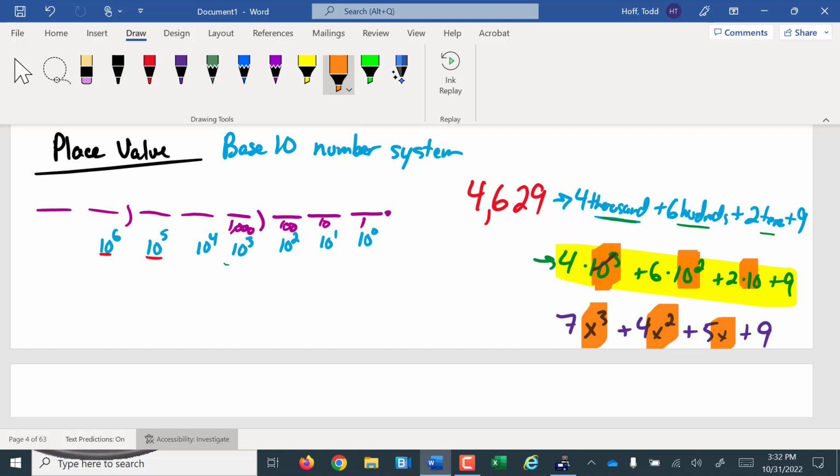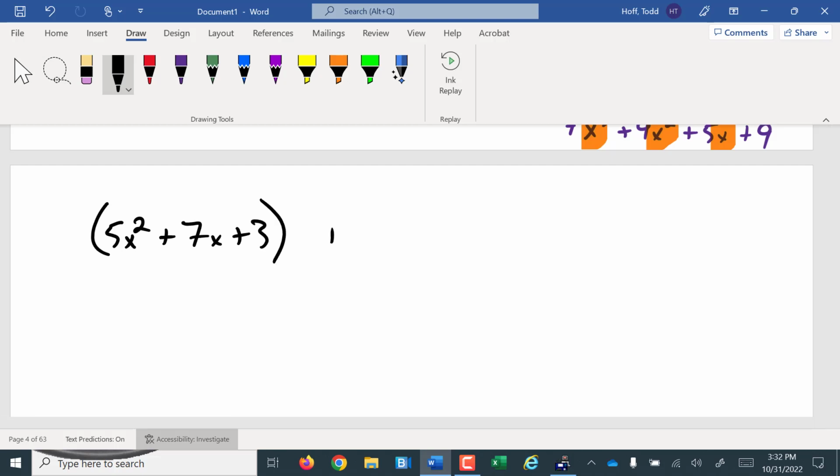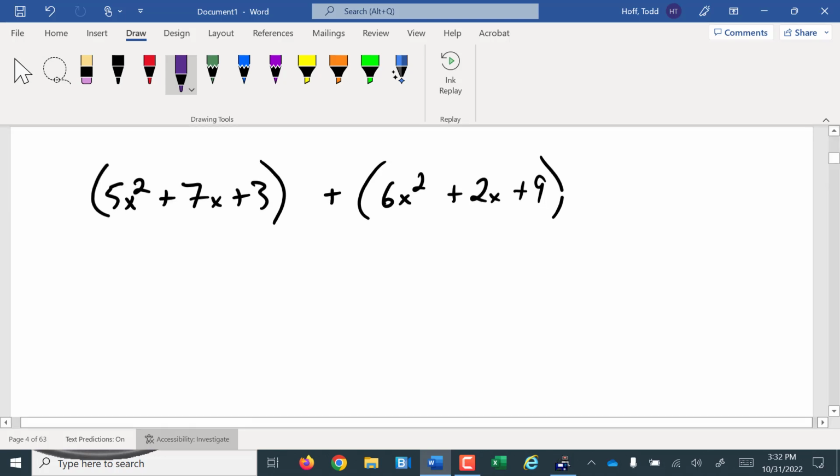And so when we go to do operations with them, we can do the operations exactly the same way. If I have 5x squared plus 7x plus 3, and I add 6x squared plus 2x plus 9, I can line them up just like I did with whole numbers.